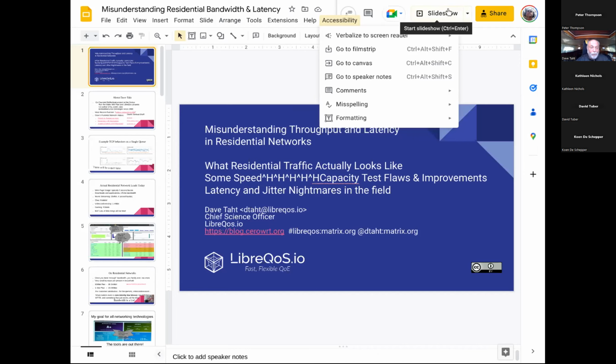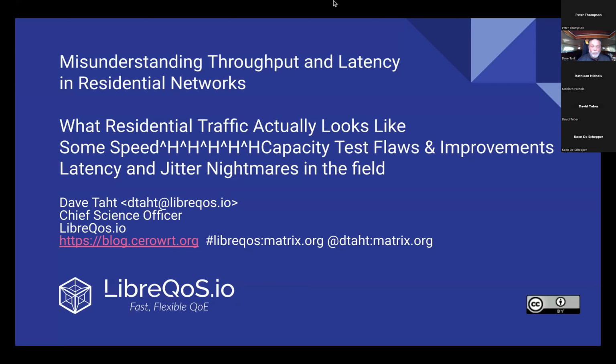Start the slideshow. Bjorn, will you let me see if I can see my slides? All right, I will test later. I will trust in the winds.